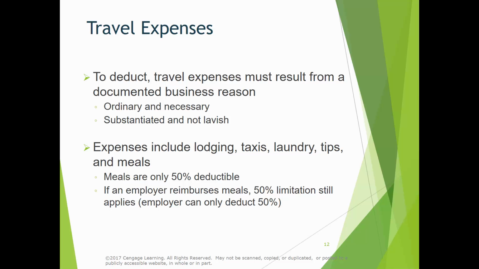Meals in any situation are only 50% deductible. So no matter what you spend on your meals, it's times 0.5. Same with entertainment. Don't include meals and entertainment. Your entertainment has got to occur directly before or directly after some sort of business event.